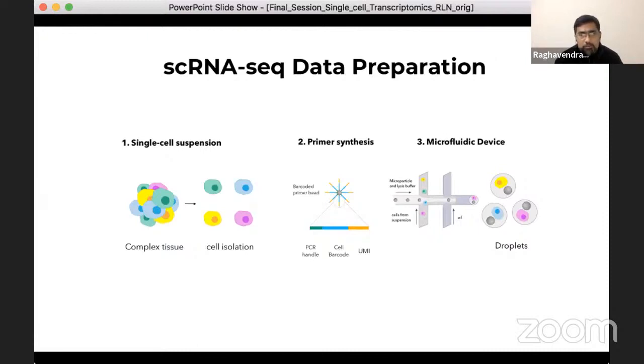The synthesis of primers uses barcoded primer beads that attach barcodes to these different cell types, which specifies which read originates from which cell type. Then the microfluidic device, a major component, captures the cells in oil droplets which contain barcoded beads and also the necessary components and enzymes for the sequencing protocols.